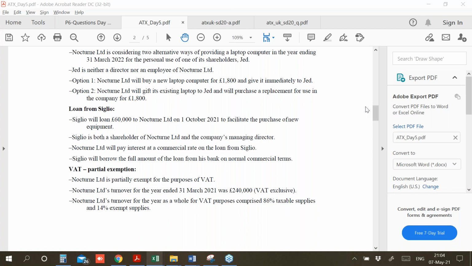So the interest from Nocturne will give rise to taxable income. However, the interest he pays to the bank can be deducted as qualifying interest and will result in tax savings. So that is how I will explain it to him, considering that Siglo is sitting here, or that I am writing a letter to Nocturne Limited about the implications. I will explain in such a way.